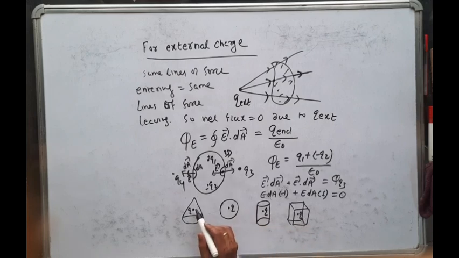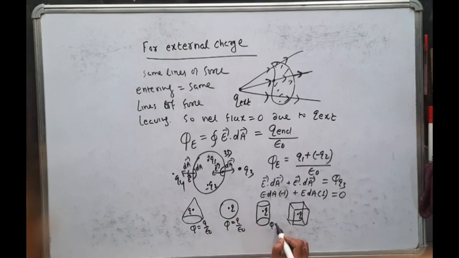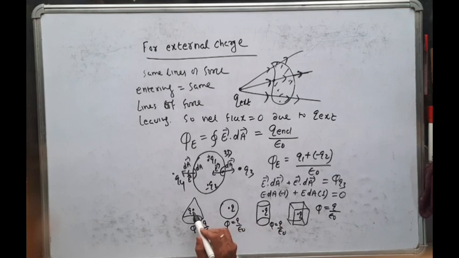If anybody asks what is the flux through this cone surface, you will write flux equals the charge enclosed by this cone, Q by epsilon naught. The flux through the sphere is also Q by epsilon naught, through the cylinder also Q by epsilon naught, and through the cube also phi is equal to Q by epsilon naught. So long as the charge enclosed by the surface remains constant, the flux remains constant everywhere.